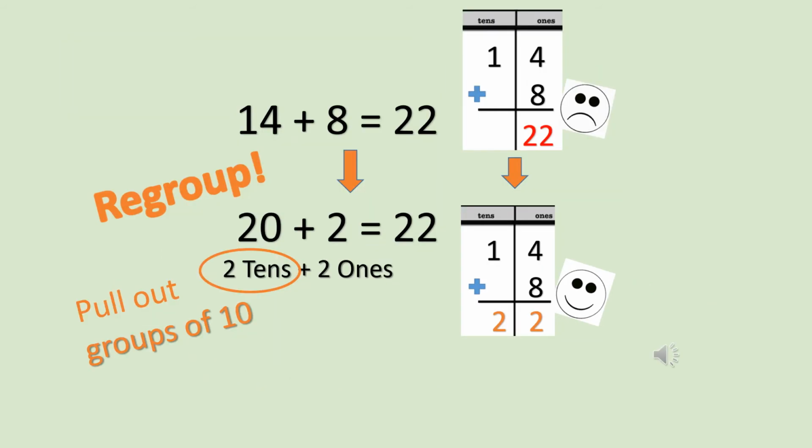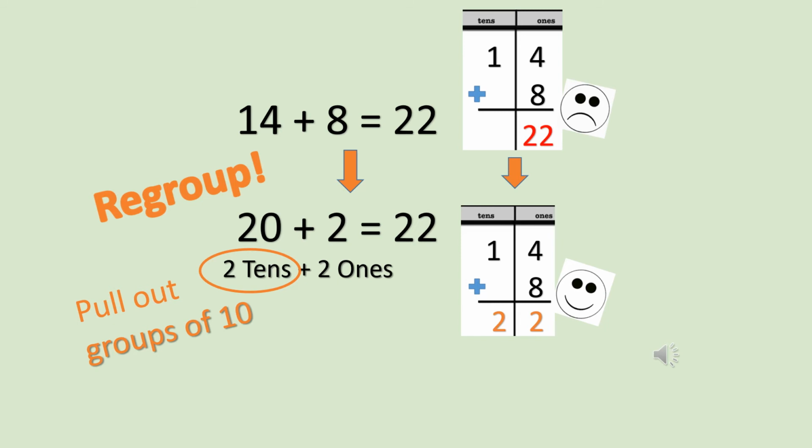So here's an important page to sit and study for a moment. We started out at the top of the page with 14 plus 8 equals 22. And we wanted to show that on the place value chart. So we put 22 in the ones place, and that gave us a sad face. So what can we do? Well, we regrouped. We took 2 10 sticks and moved them out of the ones place, put them into the tens place.